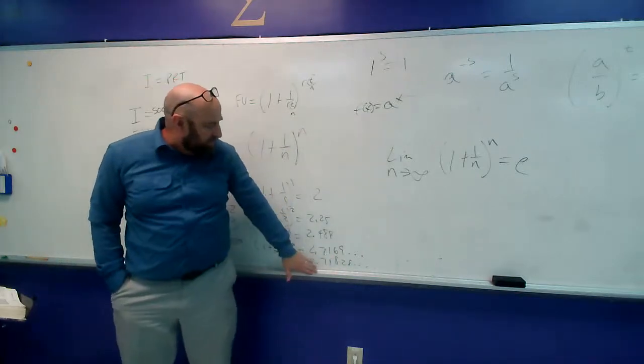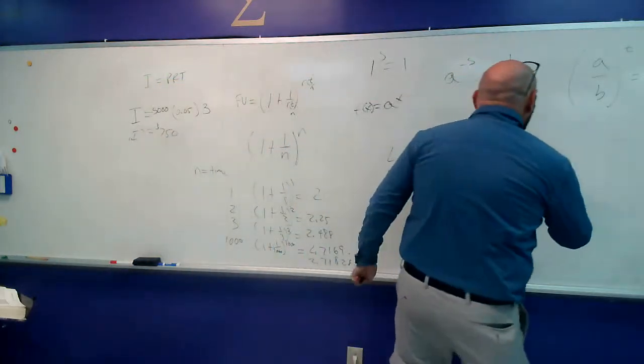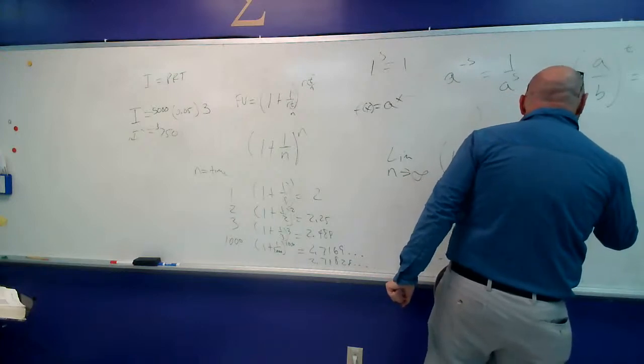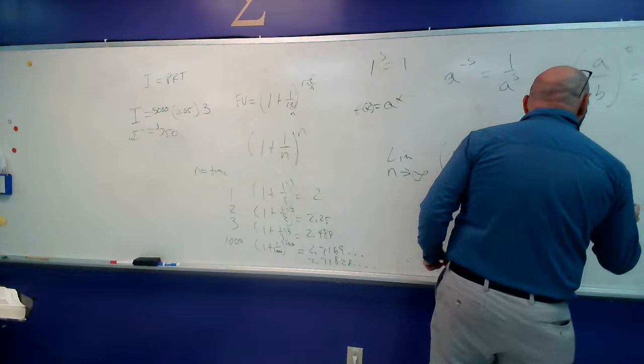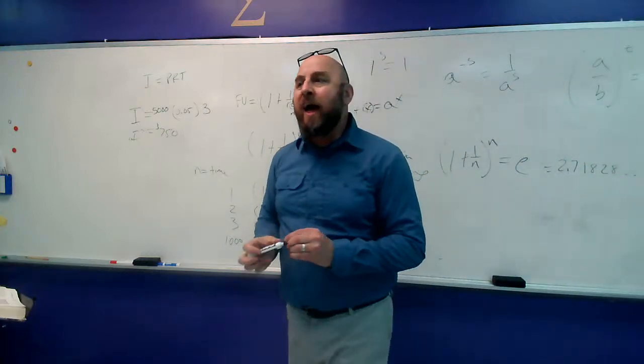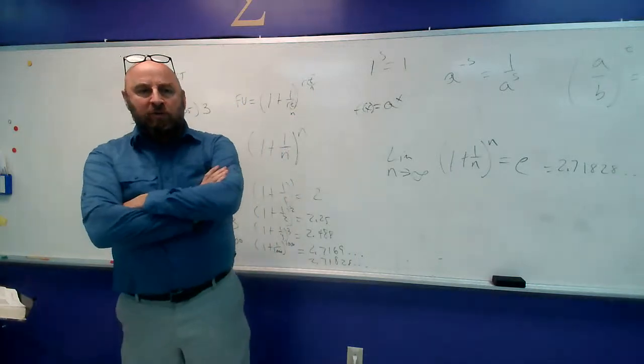So this value, this 2.7, that is not giving you the value of the function.